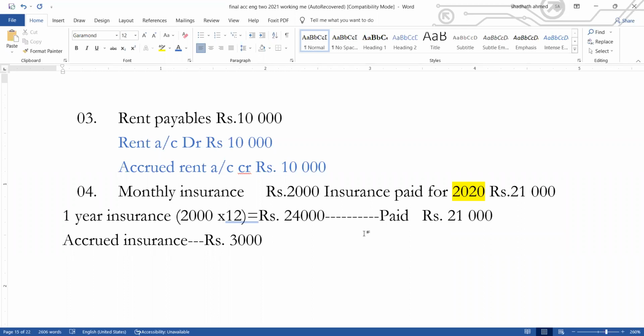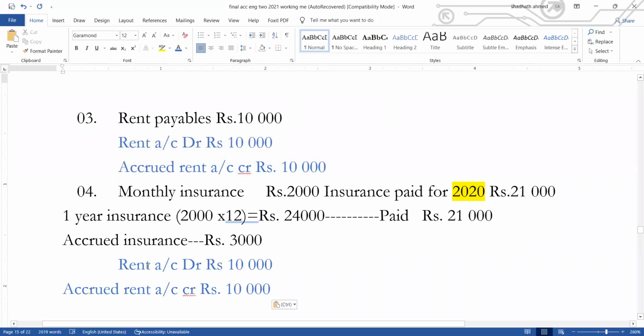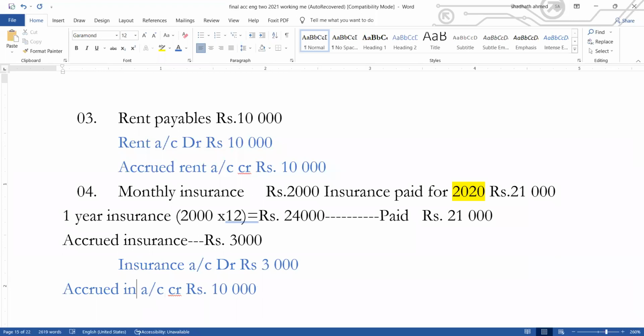So now we can write the double entry. Insurance account debit 3,000, accrued insurance account credit 3,000. Only 3,000.